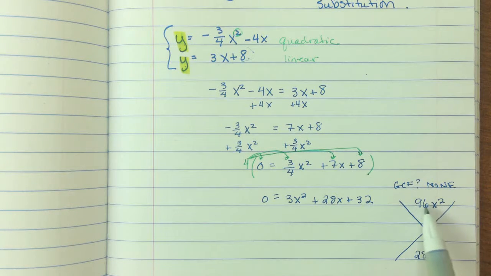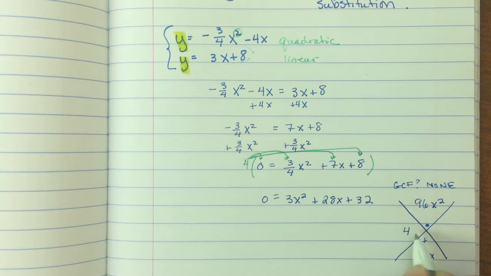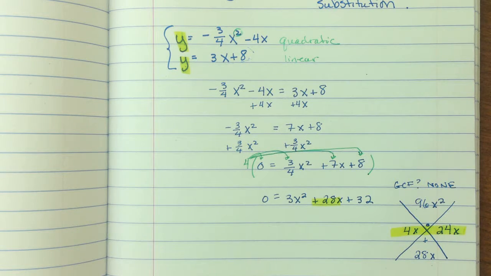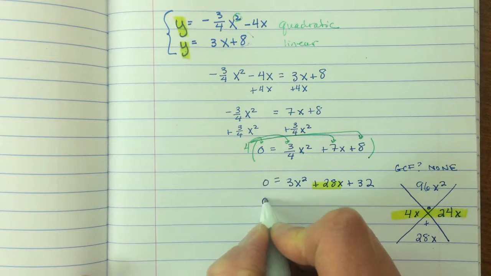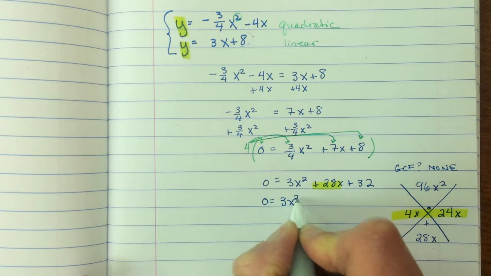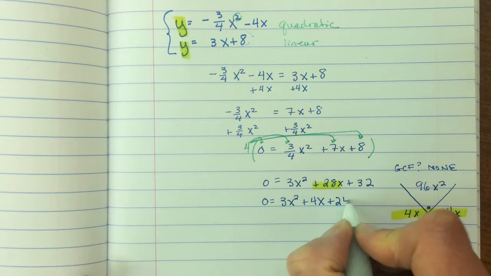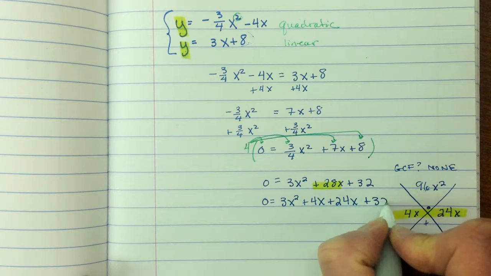I'm looking for factors of 96x squared that add up to 28, and that ends up being 4x and 24x. If you remember from past factoring videos, I'm simply using that to replace my center term. So this is going to be plus 4x plus 24x plus 32.